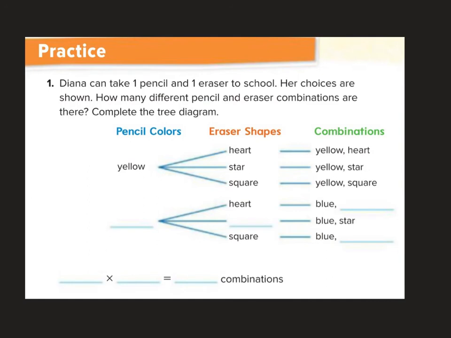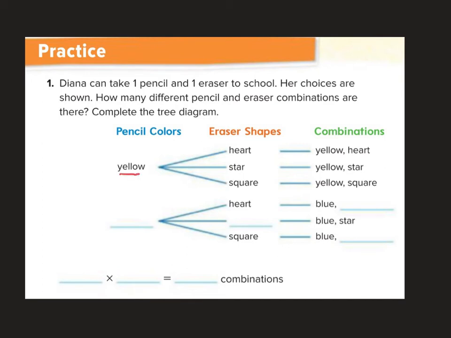Practice. This is from the homework. Diana can take 1 pencil and 1 eraser to school. Her choices are shown. How many different pencil and eraser combinations are there? Let's look here. We've got yellow.